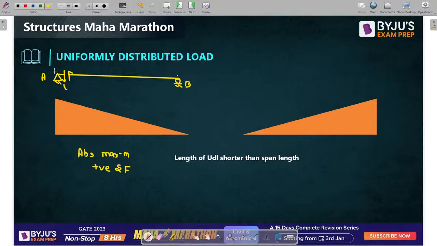Now tell me guys, this portion will have zero ordinate, but this portion will get the complete ordinate, because this is just right of A, and this section is decided by us. So this should be our ILD. Tell me guys, yes or no?